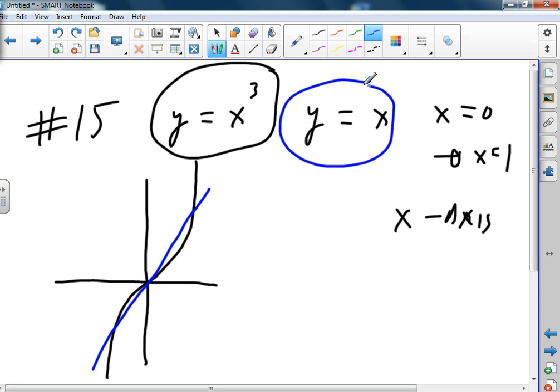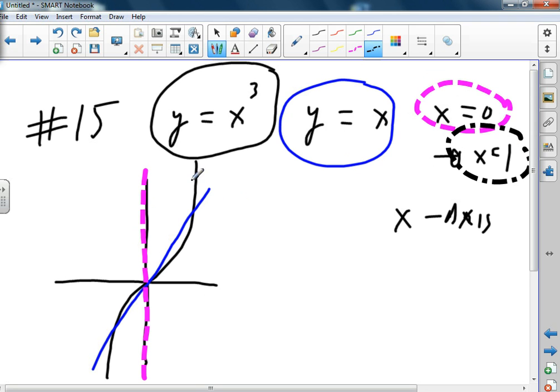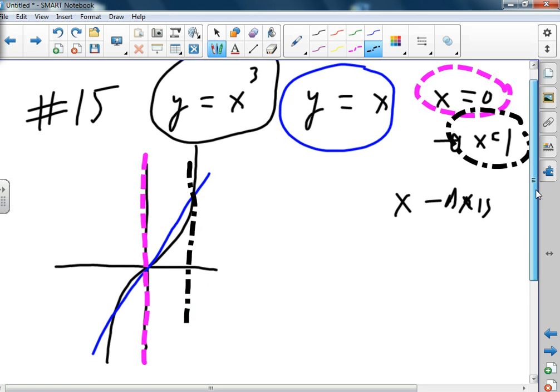X is equal to 0 is that guy. X is equal to 1 is this guy. So what we're trying to do is find this itty bitty sliver here rotating around the x-axis. Okay, so that's what we're trying to do.